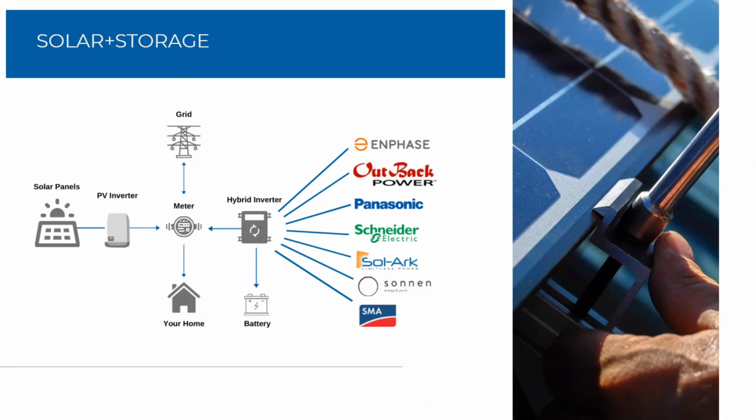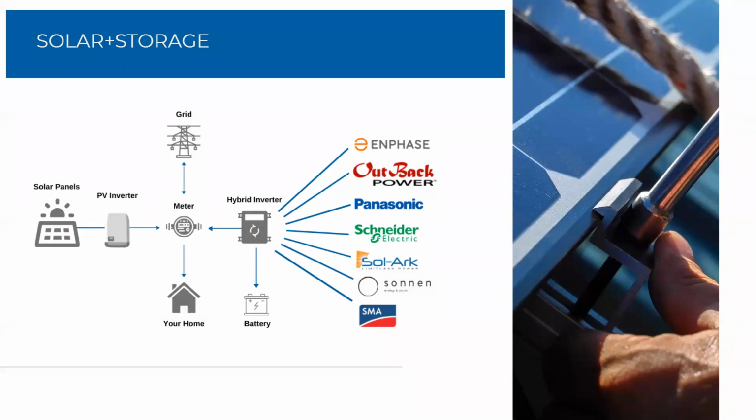Because let's just use an extreme example. Let's say I have a 15 kilowatt Fronius Primo. That's my PV inverter. And let's say my hybrid inverter is a 4 kilowatt Magnum inverter or a 4 kilowatt Schneider inverter.